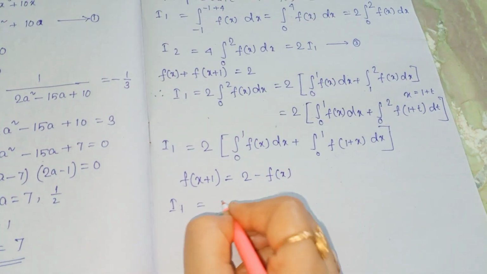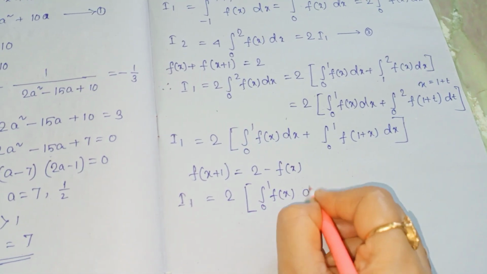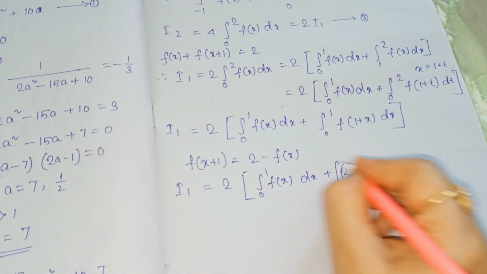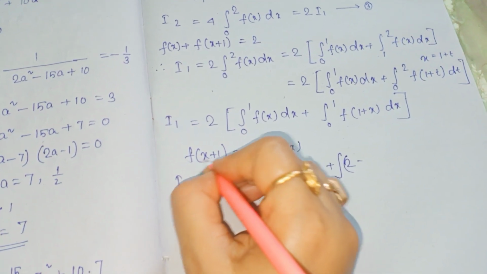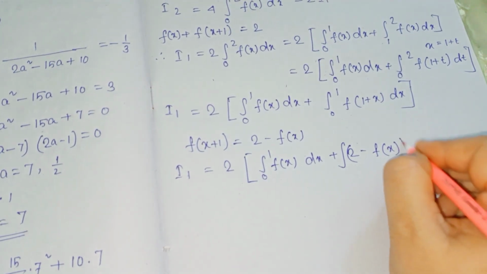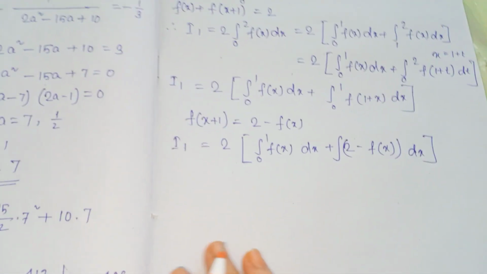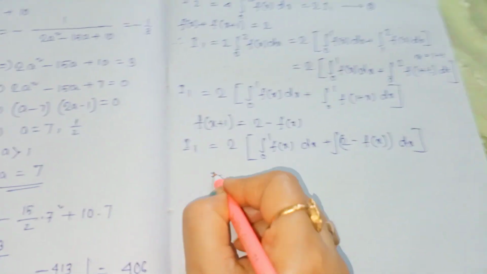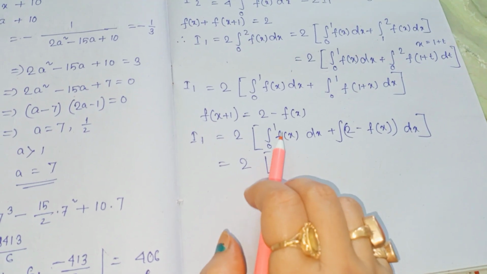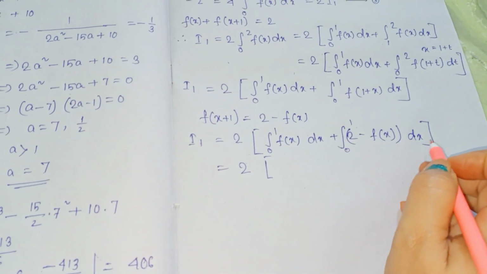Therefore, I1 is equal to 2 into the integral from 0 to 1 of f(x) dx plus the integral of (2 − f(x)) dx, replacing f(x + 1) as this. So now the integral from 0 to 1 of f(x) dx and minus the integral from 0 to 1 of f(x) dx are cancelled off.